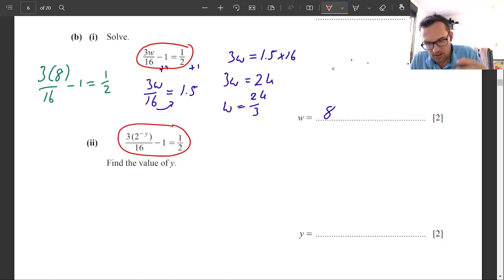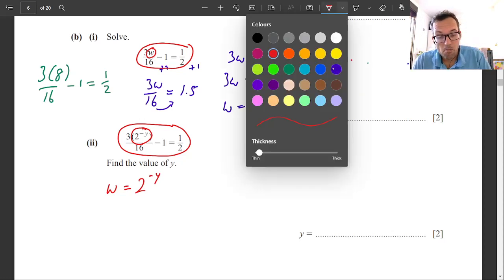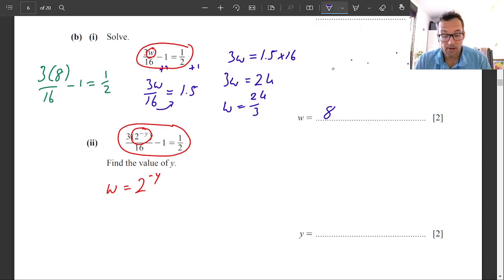The only thing that has changed is that w is now 2 to the power of minus y. So it would be safe to say that w equals 2 to the power of minus y. To make things go quicker, we know w is 8. So we can write 8 equals 2 to the power of minus y.